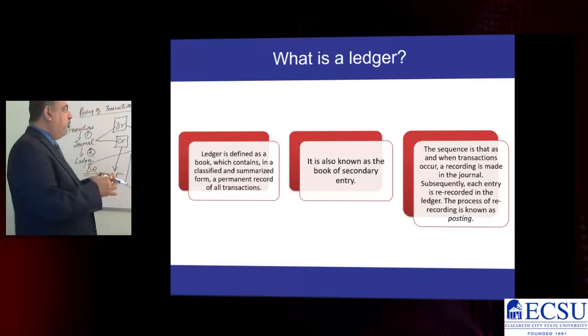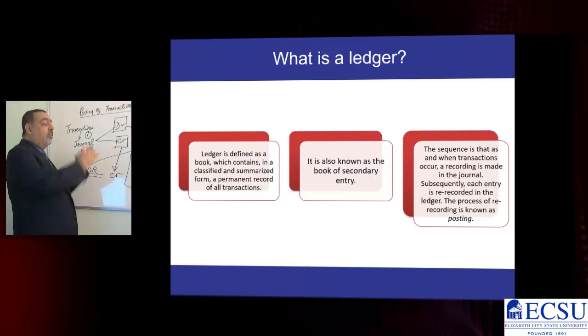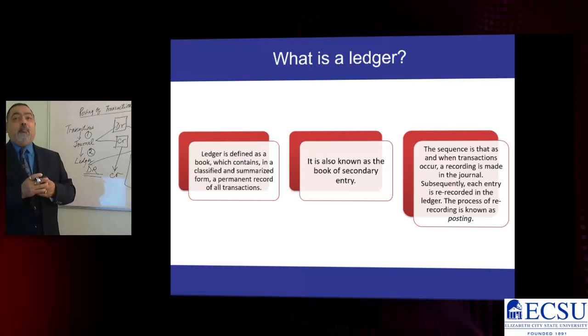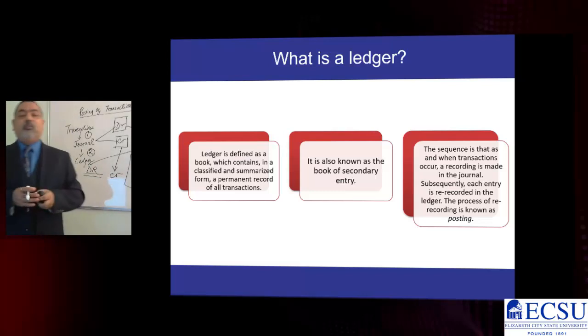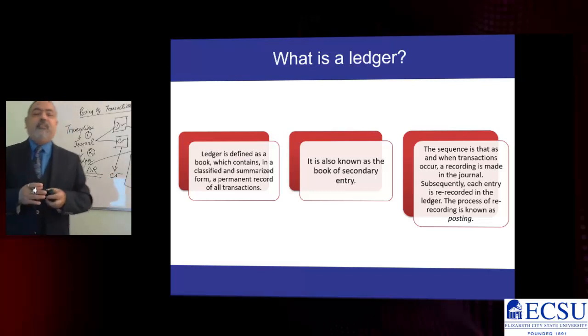You'll have to go page by page and isolate the sales figures to be able to do that. But if you have a ledger for sales, it will record all sales in one place. So once you have all those records, you will be able to immediately give that information.